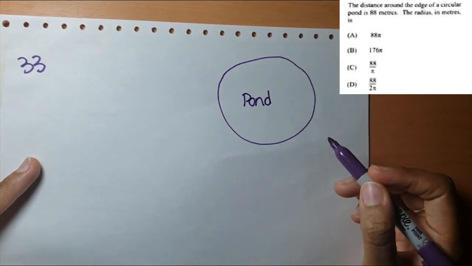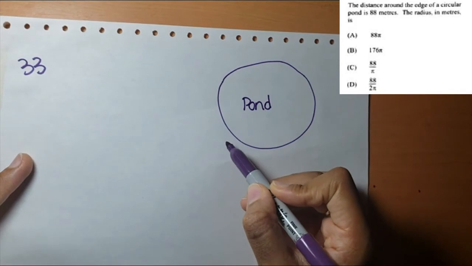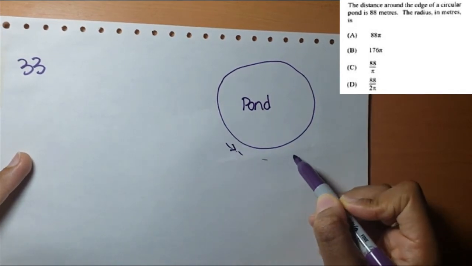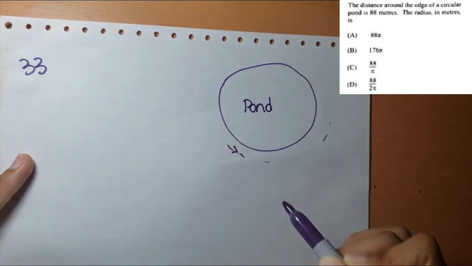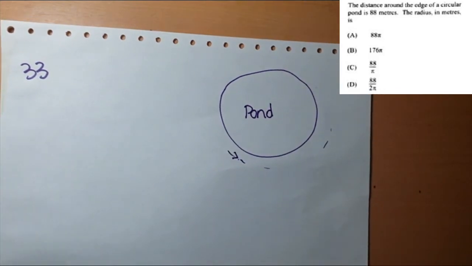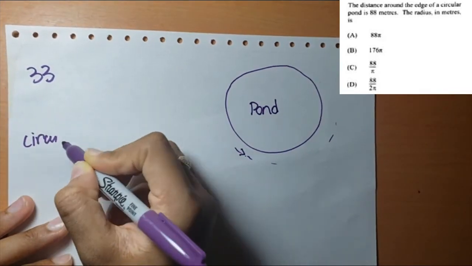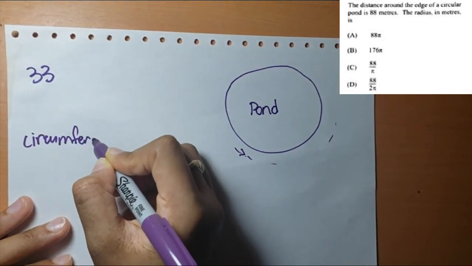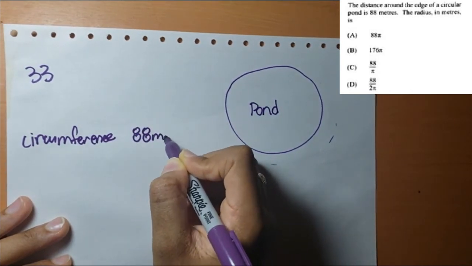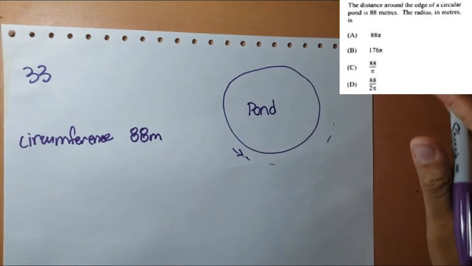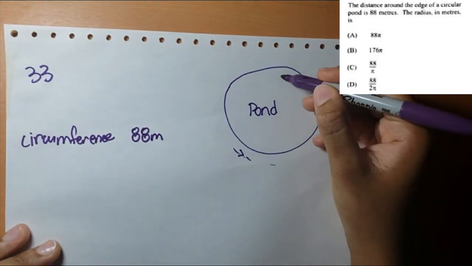And the distance around the edge of the circular pond, when they measure around the circular pond, that is the circumference. When they measure the circumference, they got 88 meters. The distance around the edge is 88, so they want now the radius of this pond.